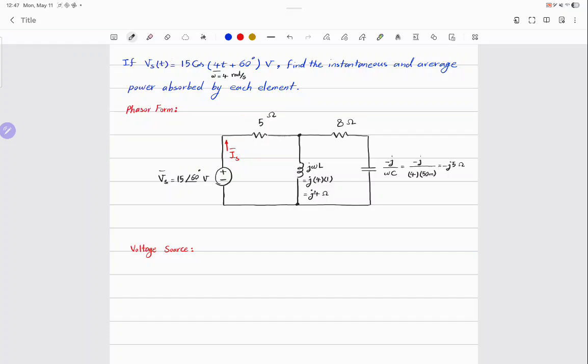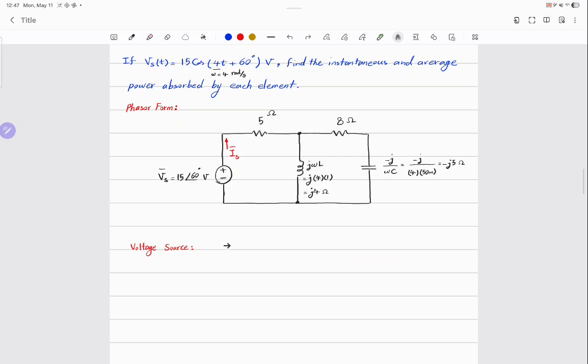Imagine that everything in this circuit is just resistors. If everything was resistor, how would you find the current supplied by the voltage source? If I can find the equivalent resistance of this part and divide the voltage by that, do you agree that it will give you the current?